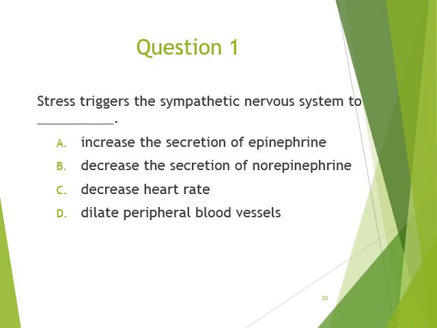Because we have an increase in epi and norepinephrine. And these neurotransmitters increase heart rate, constrict peripheral blood vessels, raise the blood pressure, open up the pupils. So you can see decreased heart rate, that's wrong because it's more of an increased heart rate. And peripheral blood vessels, it's not dilated, they're constricted to increase the blood flow to the organs.